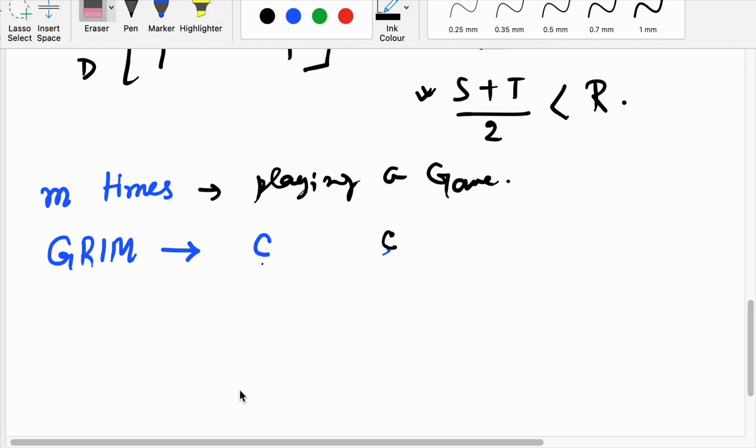Grim means I will start from cooperation, and I will keep cooperating until I find out that my opponent has defected.